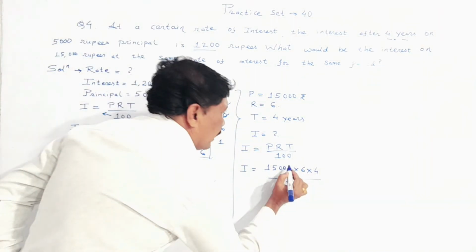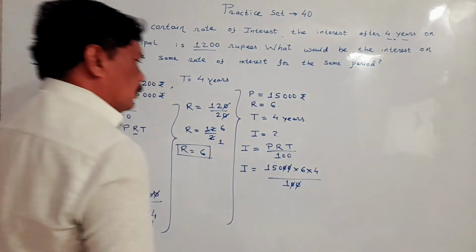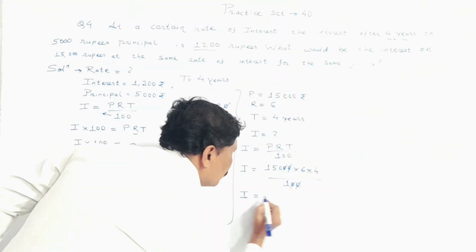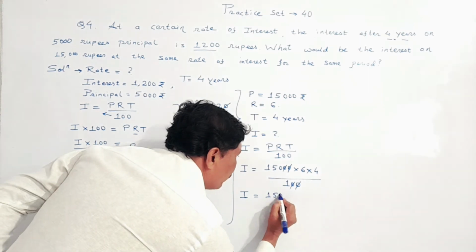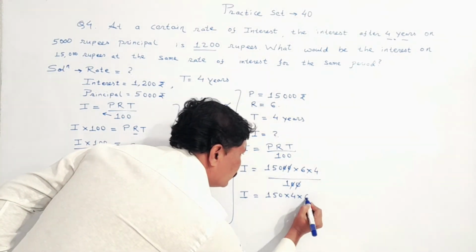My dear student, here 0 0 0 0 we can cancel. I is equal to 150 into 4 into 6.